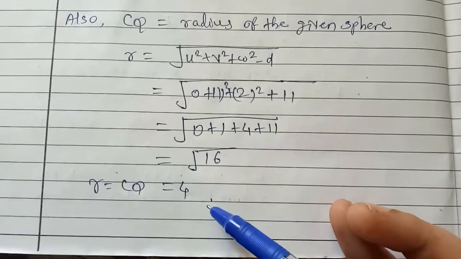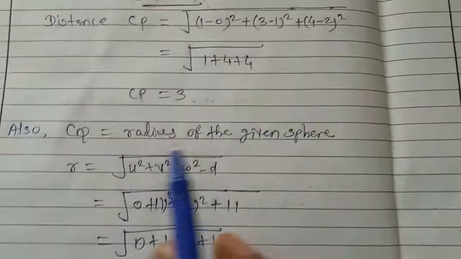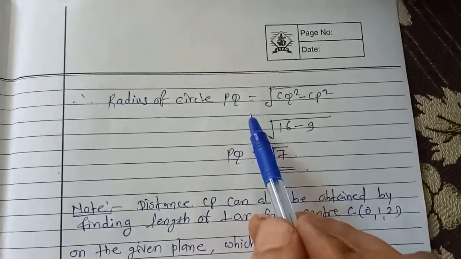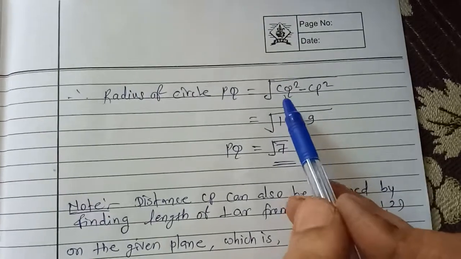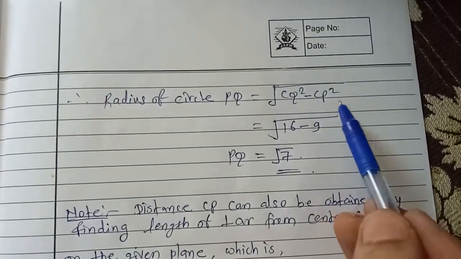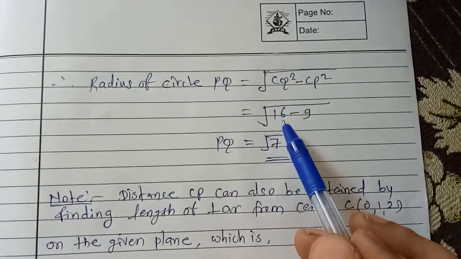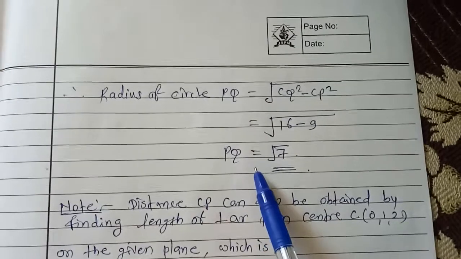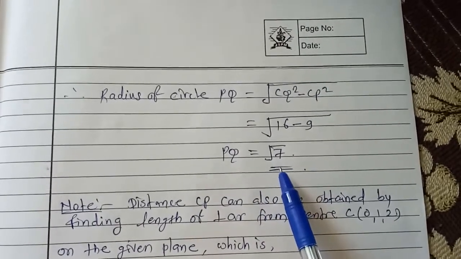So the radius of the sphere is equal to 4. Now the radius of the circle, which is PQ, is given by the formula square root of CQ square minus CP square. We have distances CQ and CP, so after putting in the values, we get the radius of the circle, which is square root 7.